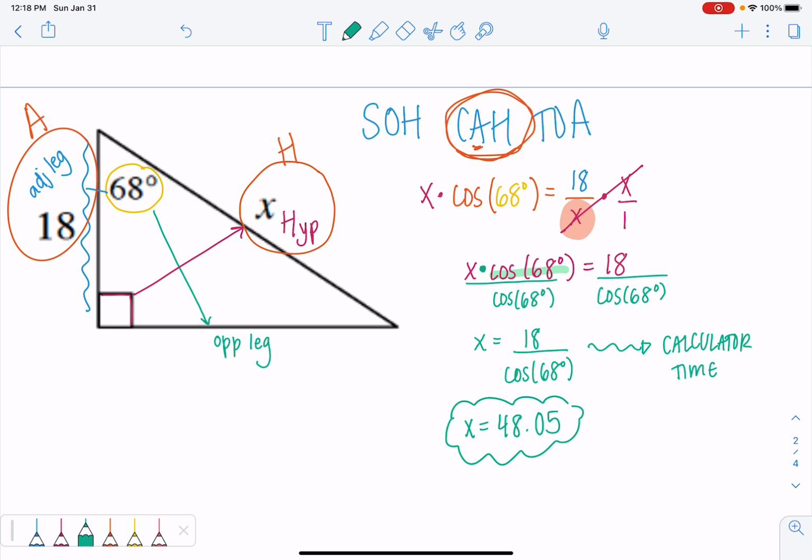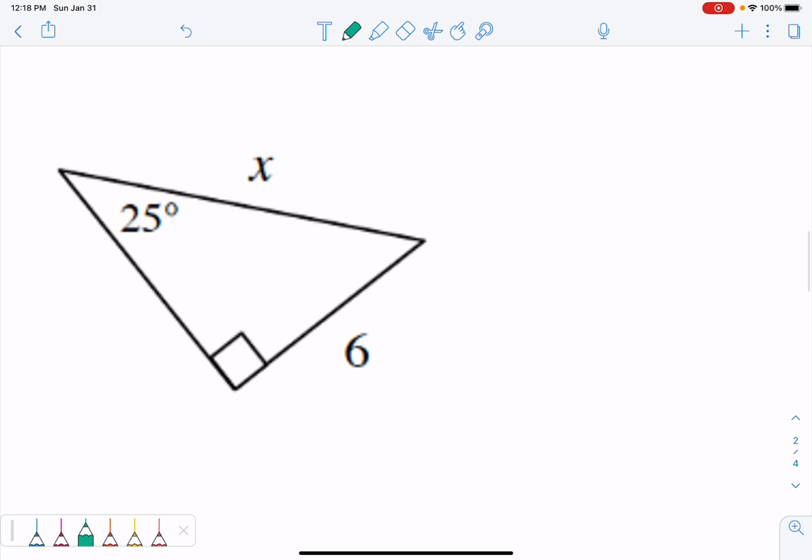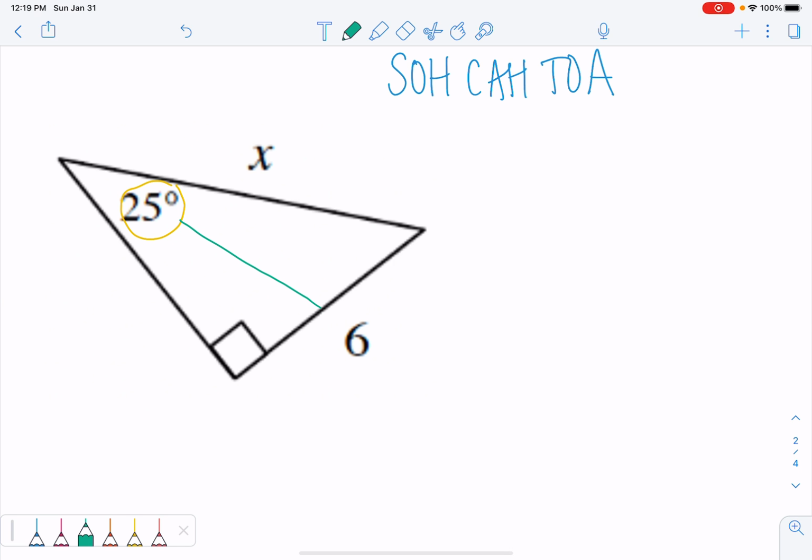Let's see 2 more examples. First thing first, actually, write SOH CAH TOA. Now we label our sides. Here's our reference angle. Across from the reference angle is the opposite leg.